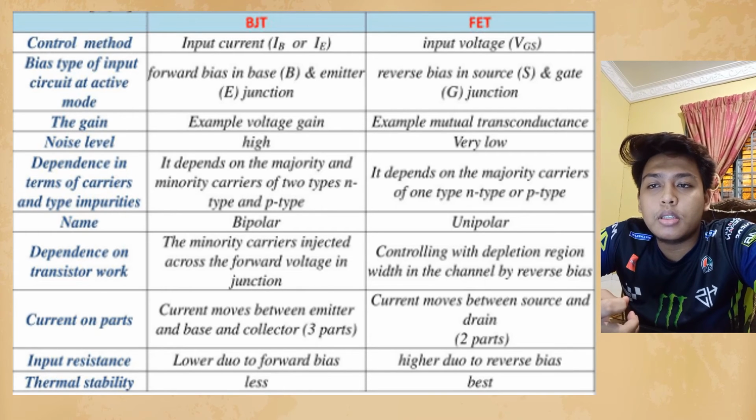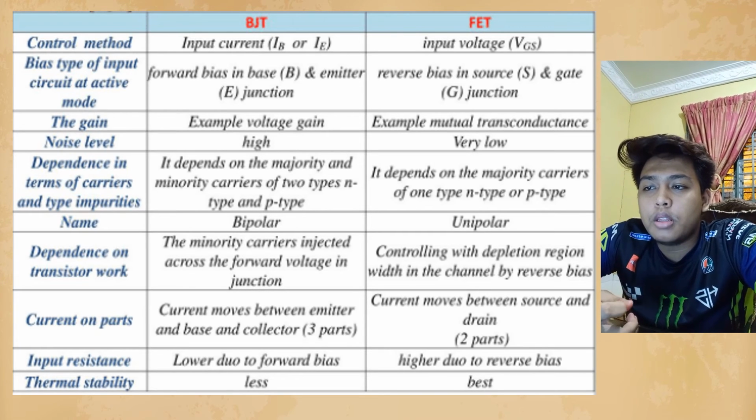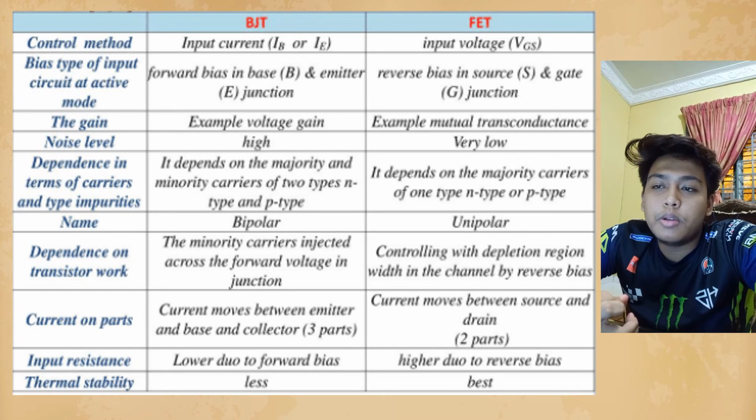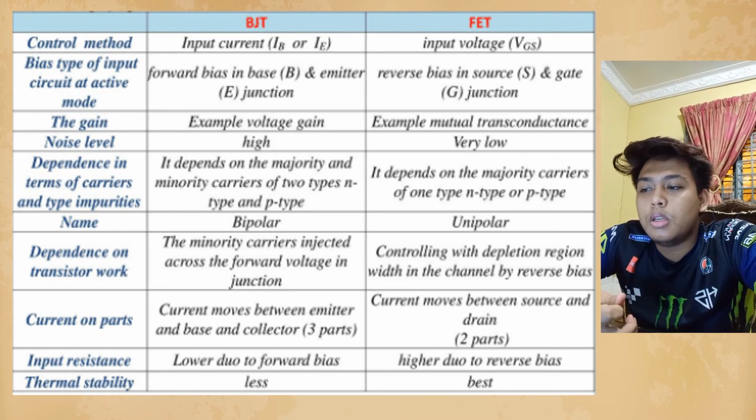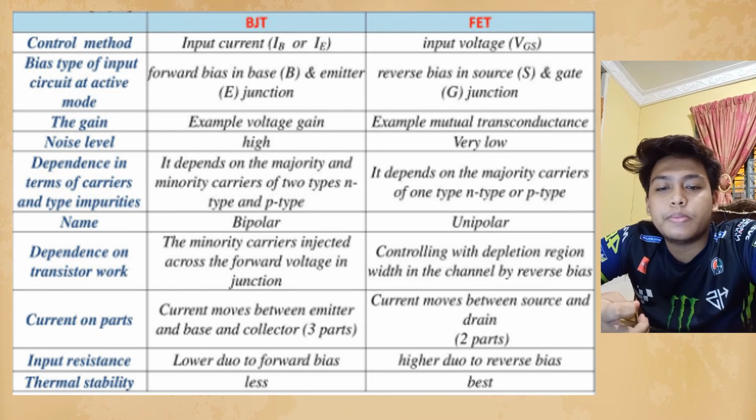In FET, reverse bias in the source S and gate G junction. Third is the gain. In BJT, for example, voltage gain. In FET, for example, mutual transconductance. Last, which I chose randomly, is current paths. In BJT, current moves between emitter, base and collector, 3 paths. In FET, current moves between source and drain, 2 paths.